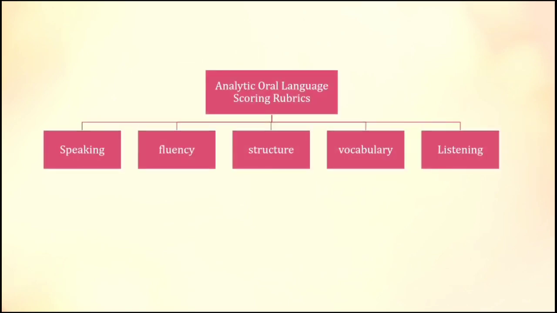Next is the analytic oral language scoring rubric. In this rubric, there are some criteria to assess: speaking, fluency, structure, vocabulary, and listening.